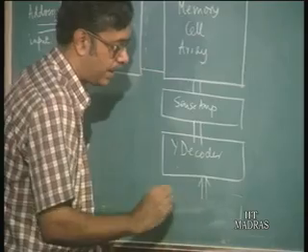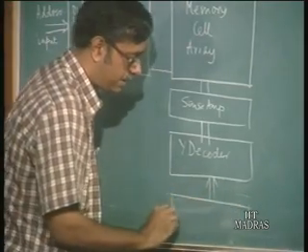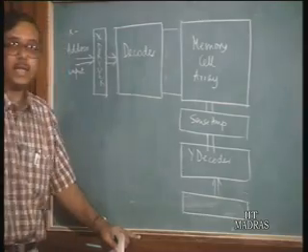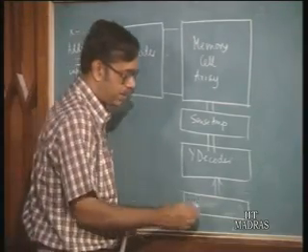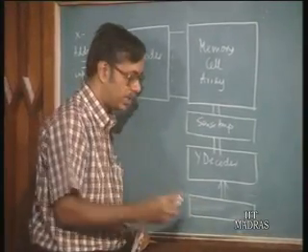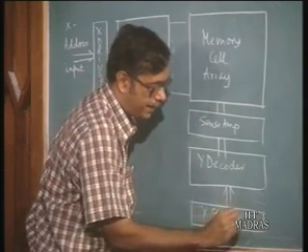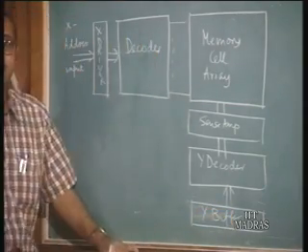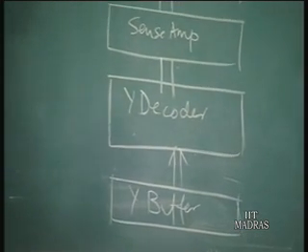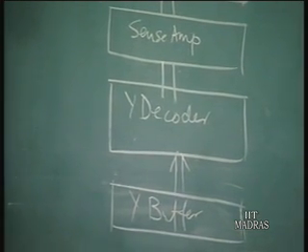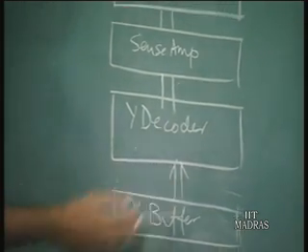In BiCMOS, usually the interface circuits are bipolar circuits. So, you have buffers here to convert the voltage levels, for example, if you are using an ECL interface, from ECL to CMOS.